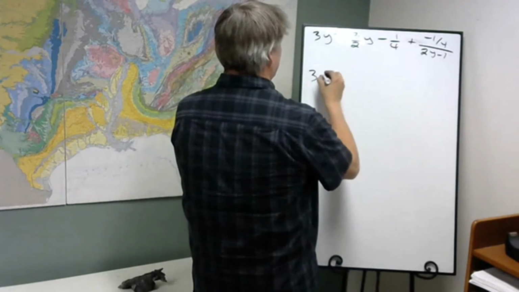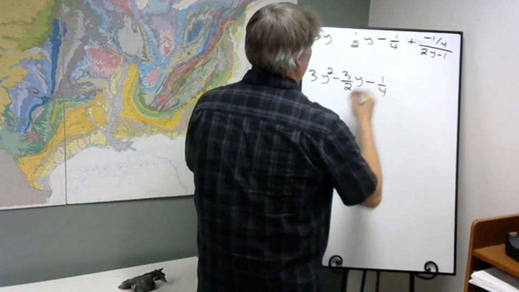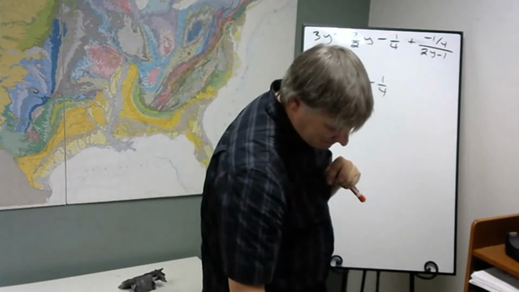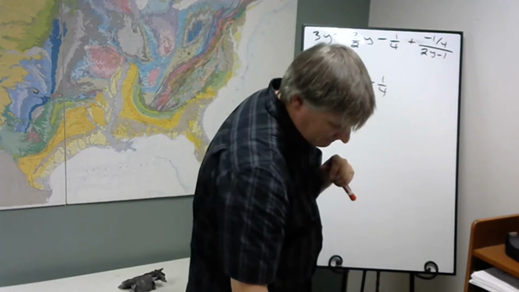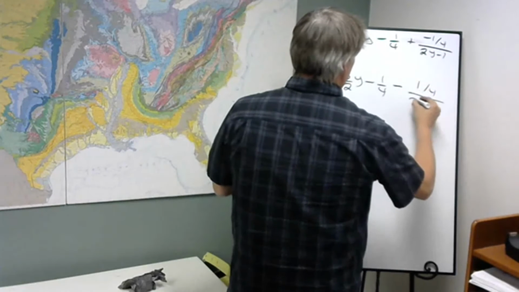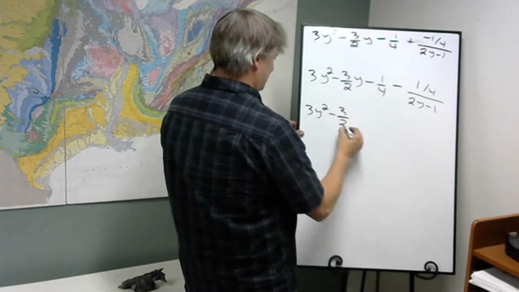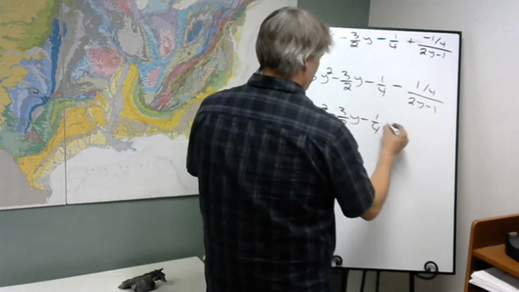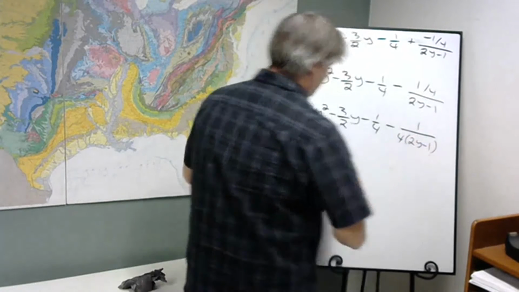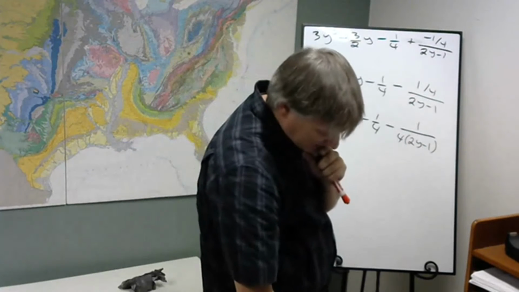So let's see here. Something's off with my arithmetic here. So this would be -1/4 over 2y minus 1. Something's off. I'm sorry. I might have to go back and do something. Let me see.